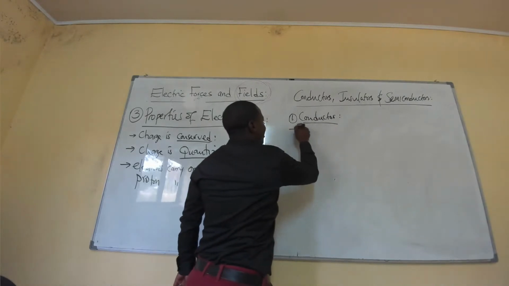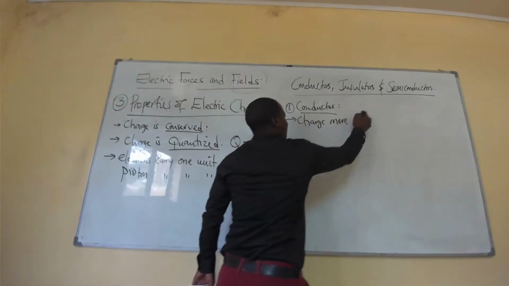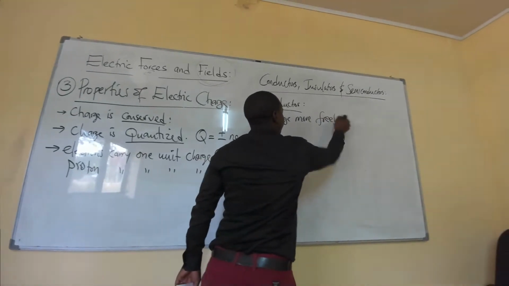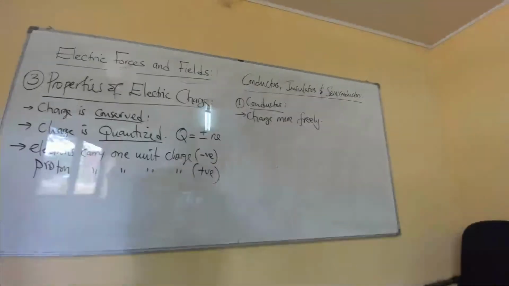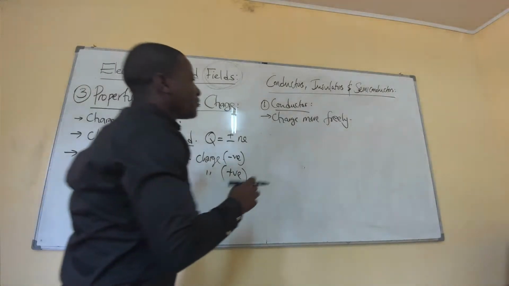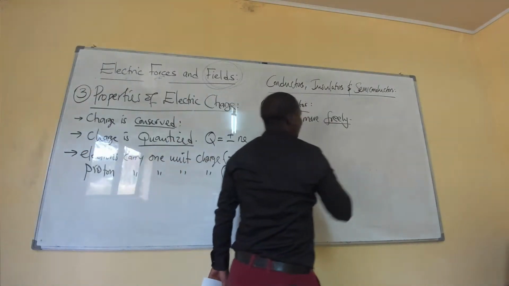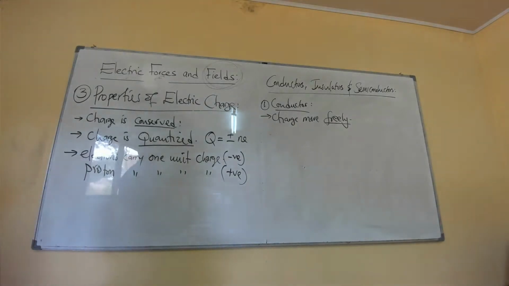So in here, charge move freely. So here what we see is that the charge actually move freely, so to say, in conductors. In other words, conductors are materials that actually allow charge to move through them freely. That is one thing that we need to mention.